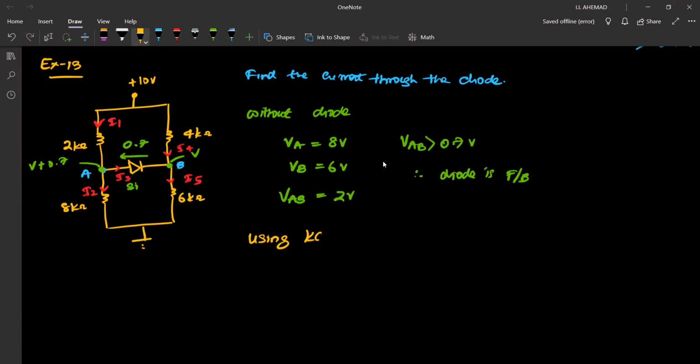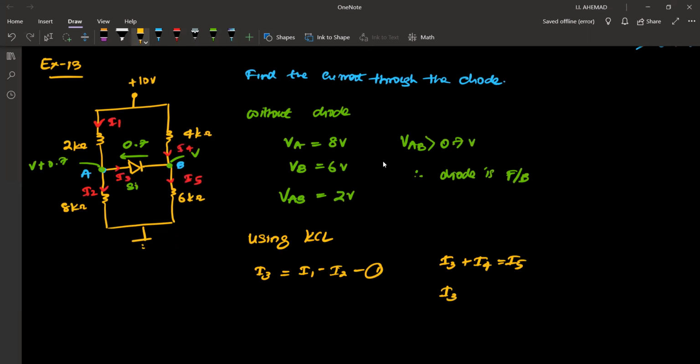Using KCL, I can write I3 as I3 is equal to I1 minus I2. There is one equation. Also, here I3 plus I4 is equal to I5.